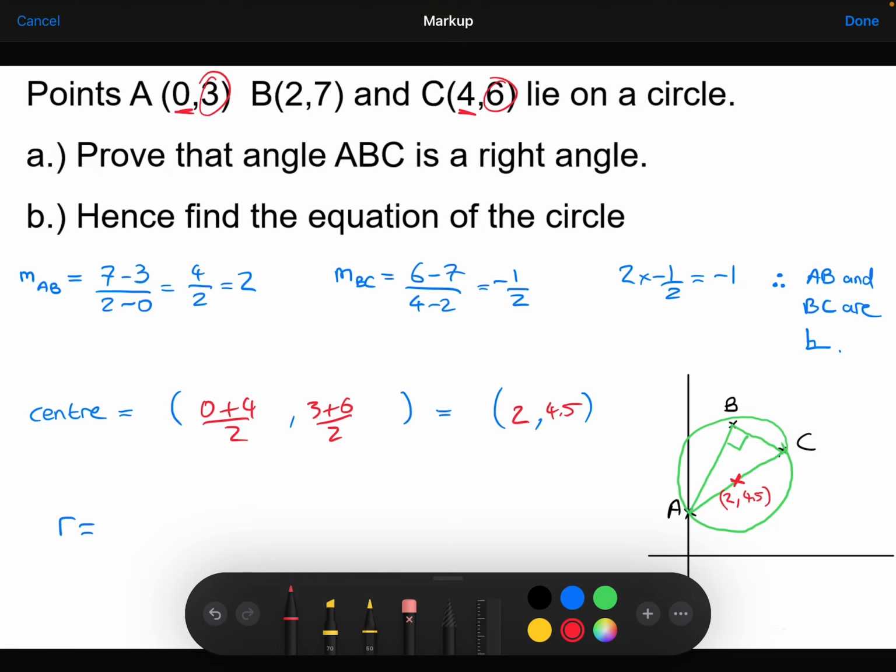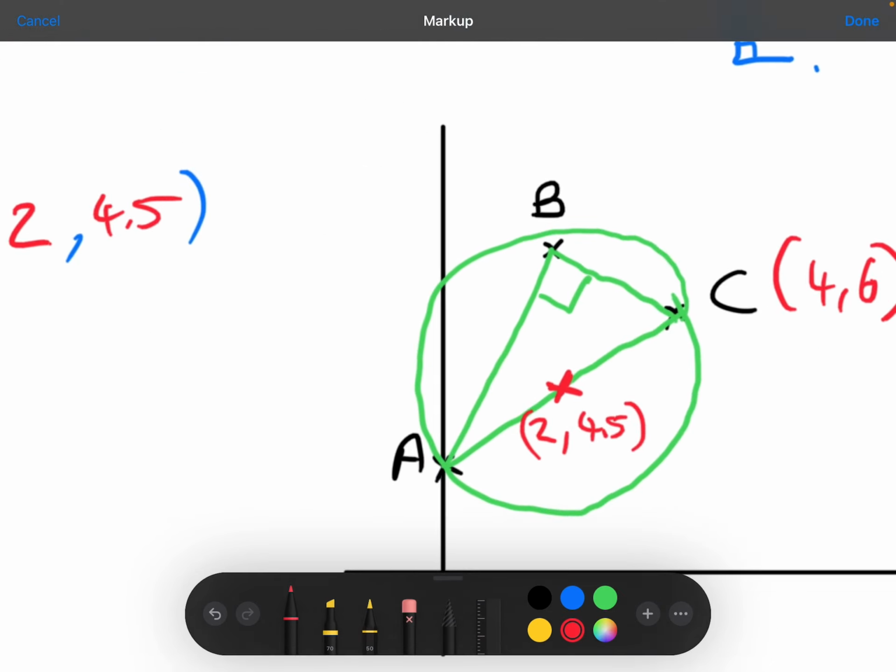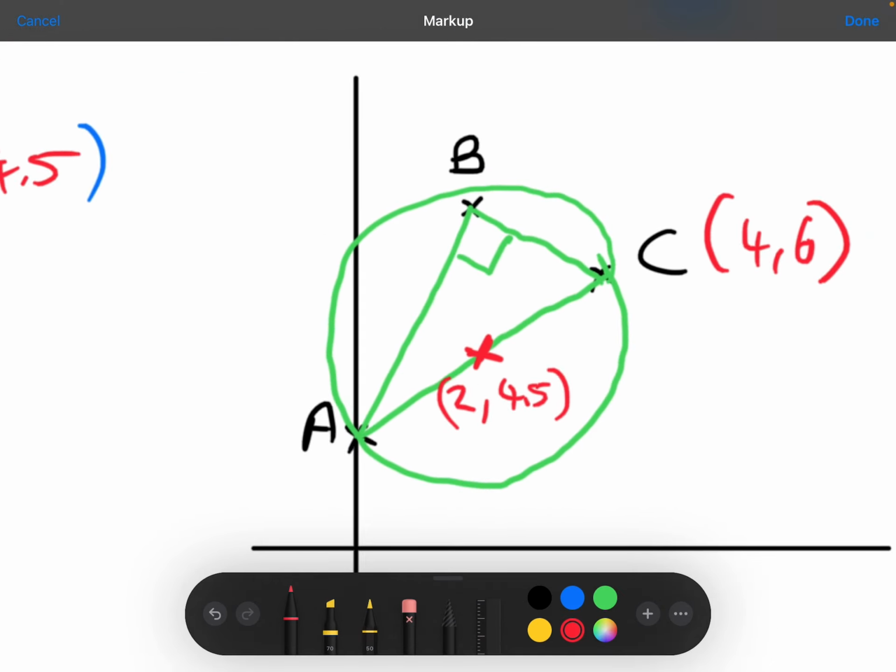I can now work out the radius of the circle. Because I've got the centre, and I know point C is (4, 6), I'll do a little bit of Pythagoras here. Looking at the x coordinates, I know this is 2.